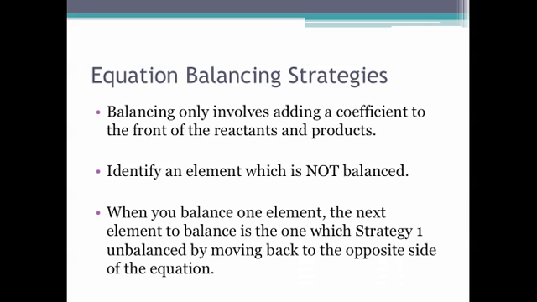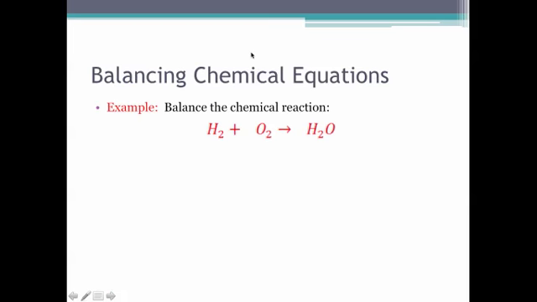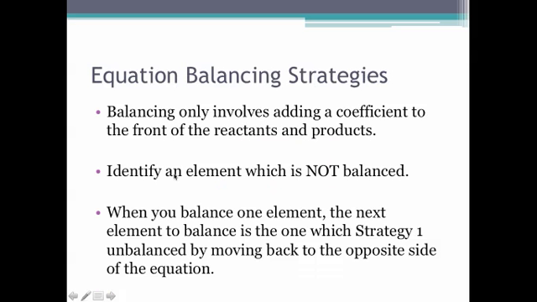Once you've changed one molecule, once you put a coefficient there, not only have you changed the number of atoms for the element you're considering, but you've also changed the other one as well. So to give you an example of that, if I write H2O like that, and I put a 2 here, it's pretty obvious.